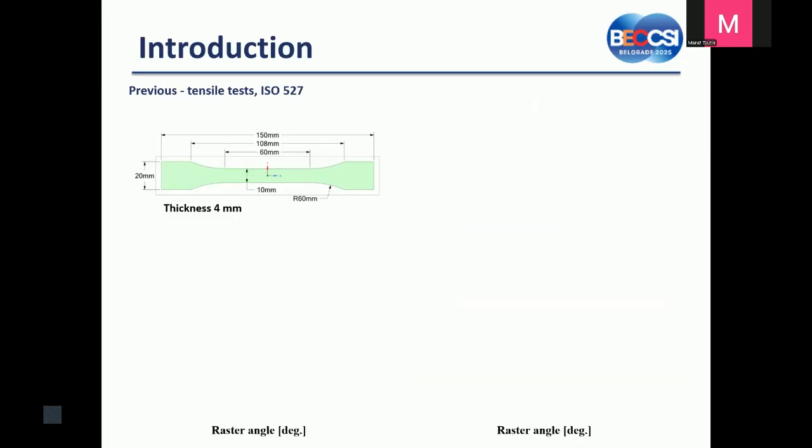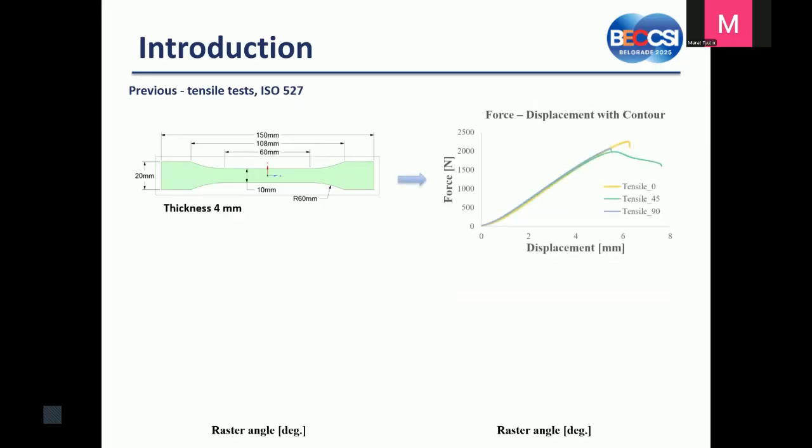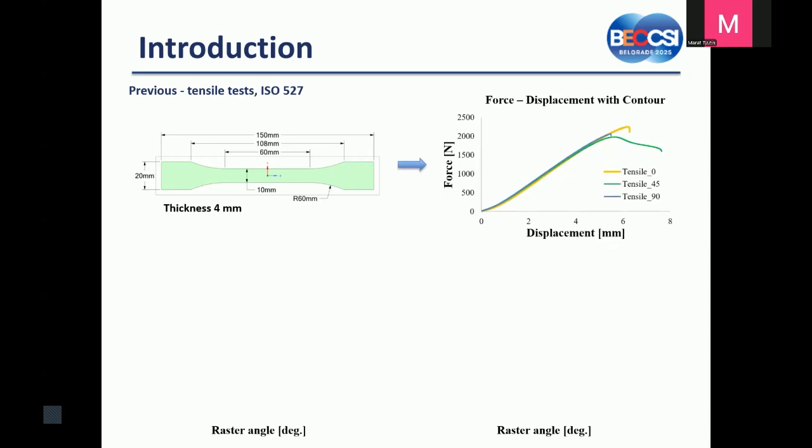tensile tests, considering contoured and uncontoured specimens. We used dog bone specimens, following ISO 527. We did this test on different raster orientations: 0 degrees, 45 degrees, and 90 degrees.